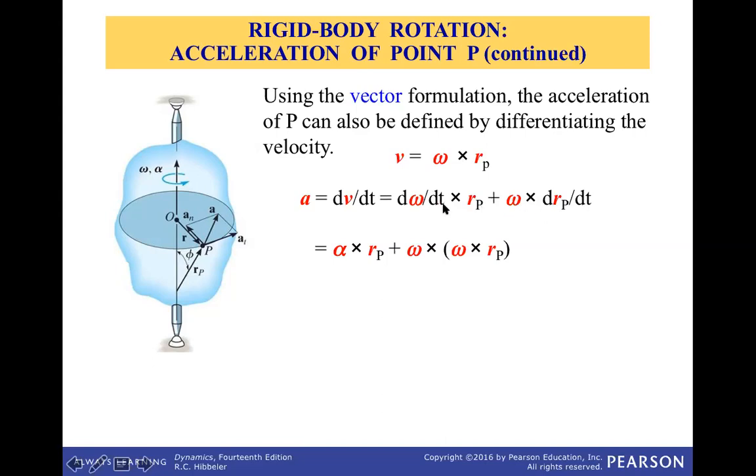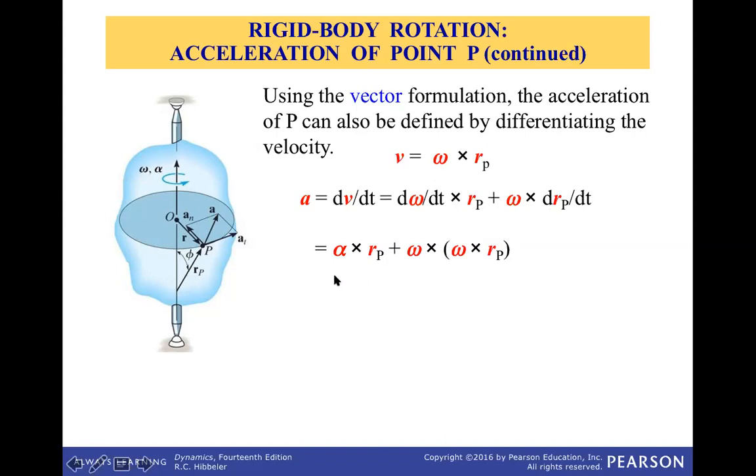In this case, if you do d omega dt, that will give you angular acceleration. And if you do dr over dt, that's going to be the velocity v, which is defined as omega cross r. Because this gives you velocity, it's going to be in that term.